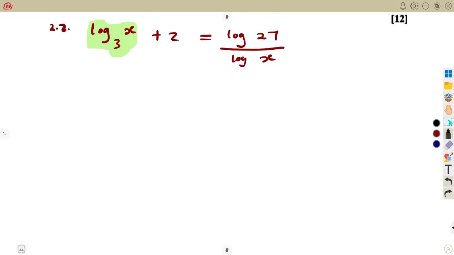In our logarithms, all right, I'm just going to take you to the formula sheet again. In our logarithms, you see this law.